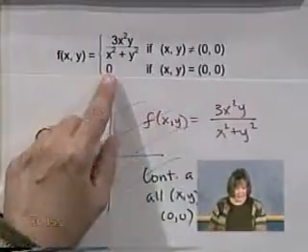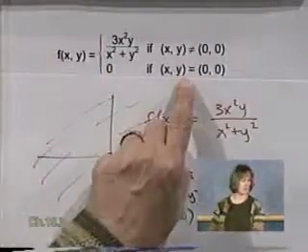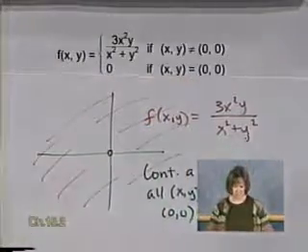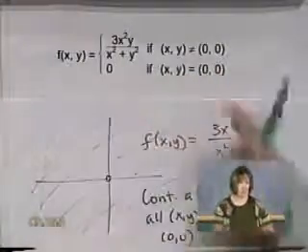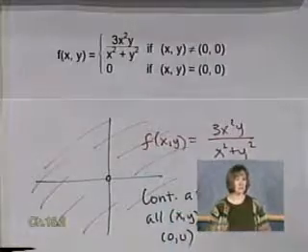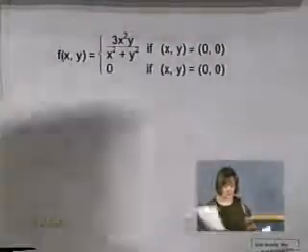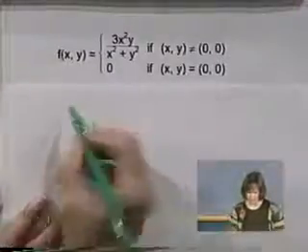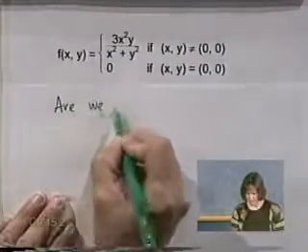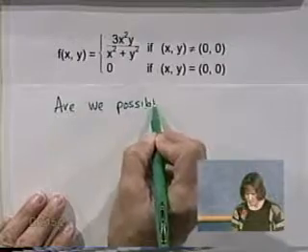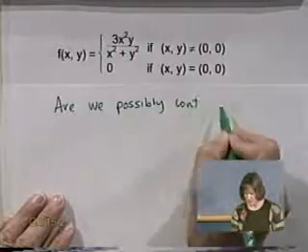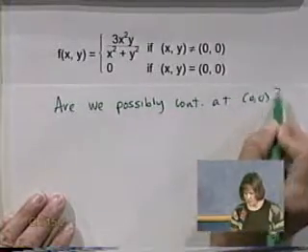But now they defined the function to be 0 at (0, 0). So the question is, maybe this function, where they gave it a definition at (0, 0), might be continuous at (0, 0) also. So what we have to evaluate is, are we possibly continuous at (0, 0)?